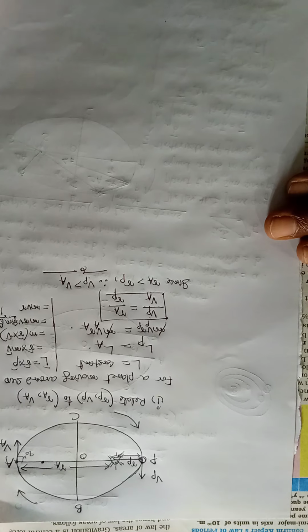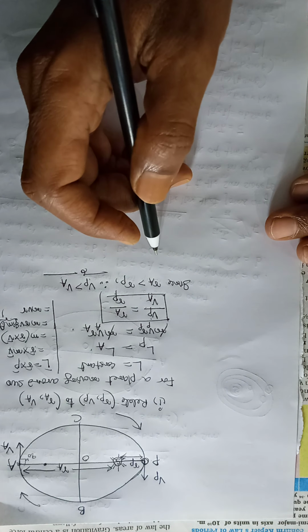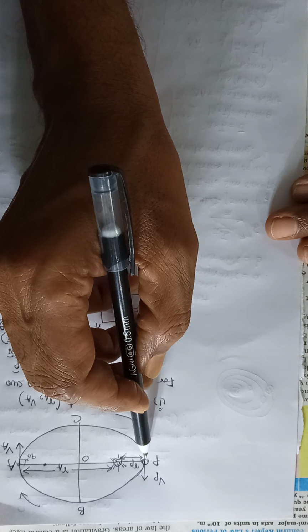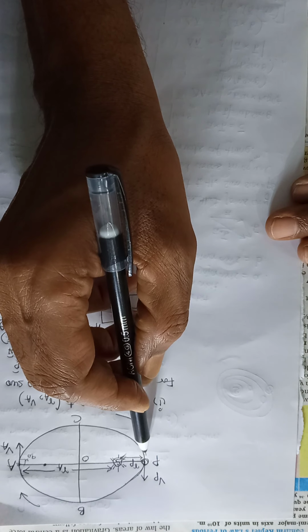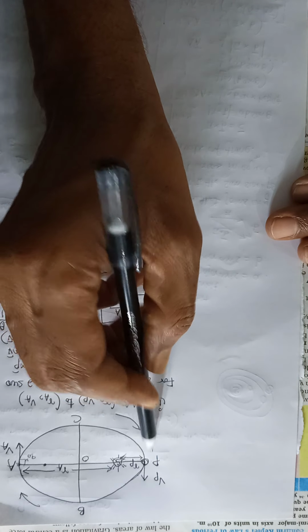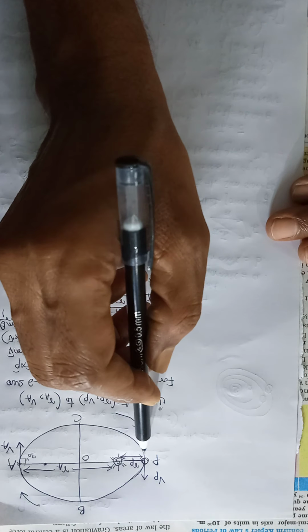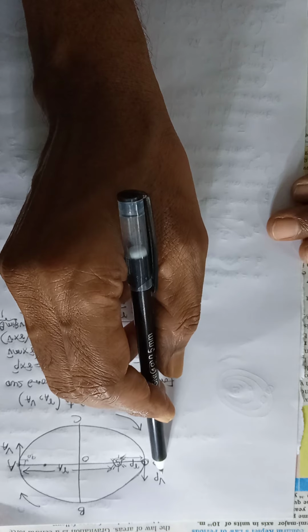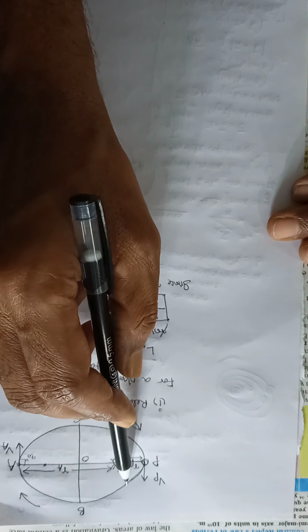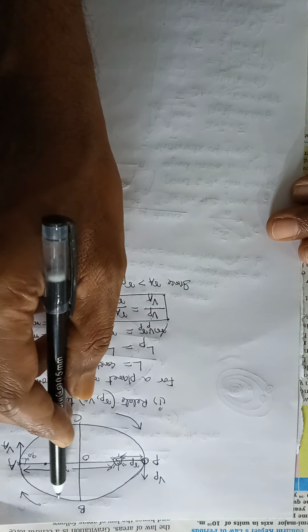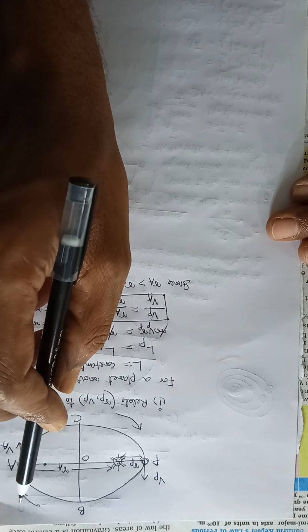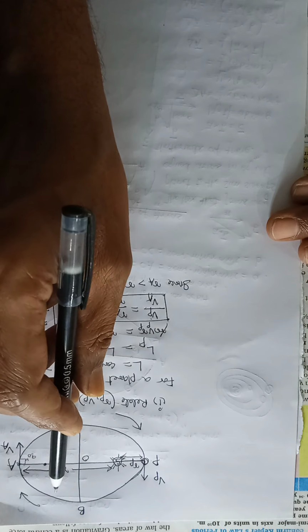Our planet can't tolerate that much heat, therefore it moves with more velocity. It tries to escape the hot sun. That's why when it is nearer to the sun, it has more velocity, and when it moves farther from the sun, the hotness is decreased, therefore it can move slowly.